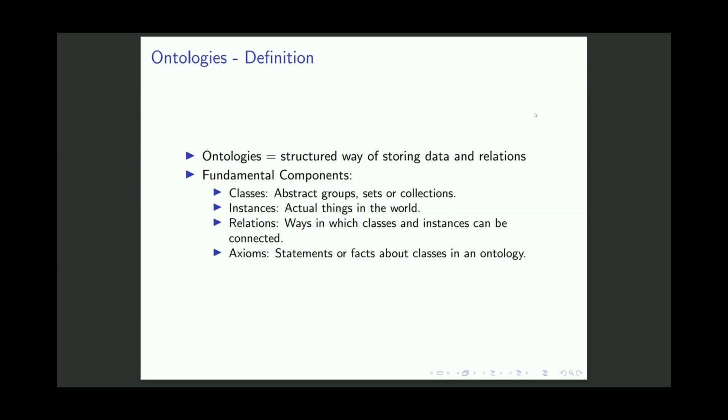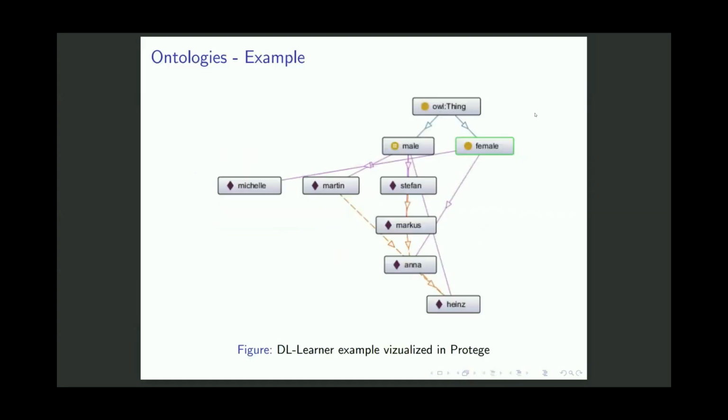And we have certain relations between classes and instances. Maybe this sentence is a bit misleading, because we can have relations between classes and classes, and instances, not only classes and instances. The final component is called axioms, which are just statements or facts that impose a certain way that our ontologies can be created.